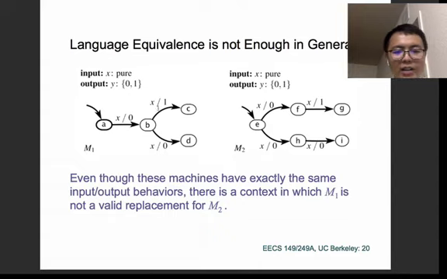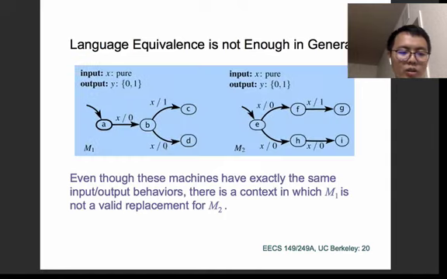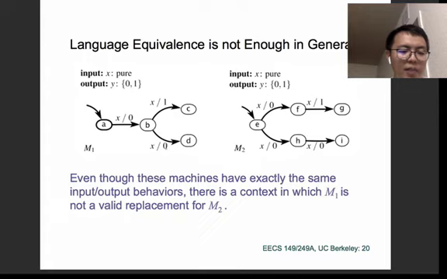Subsequently, when X is present, it will produce the output 1 or the output 0 non-deterministically. So if we look at the behaviors for this, let's assume the input is always present. The possible sequence will be 0 followed by 0, or 0 followed by 1.